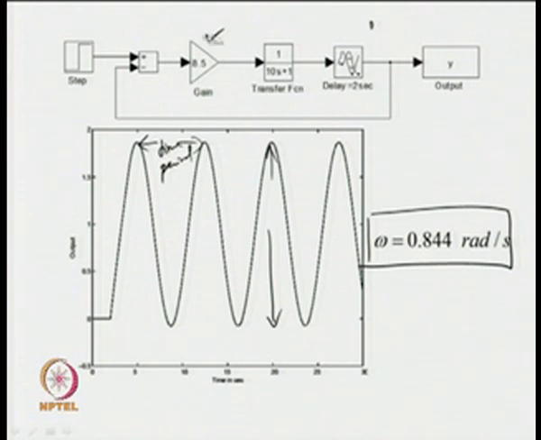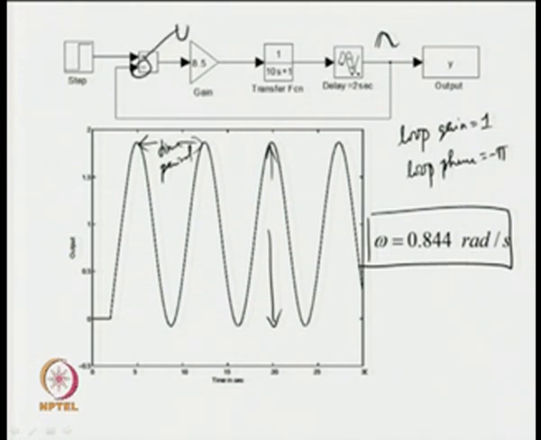When the loop gain is 1 and the loop phase is equal to minus pi, whatever output I get over here comes back here, and due to the negative feedback, that output gets inverted.